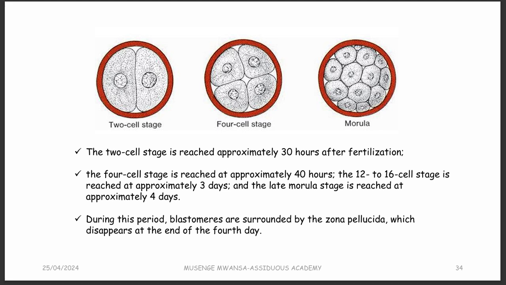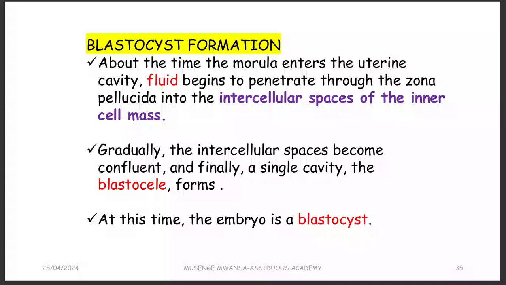So we have formed the morula around the third day, and then we are going to have blastocyst formation. When you have the morula, a cavity starts to develop inside it, and fluid penetrates it through the zona pellucida, which is the cover.